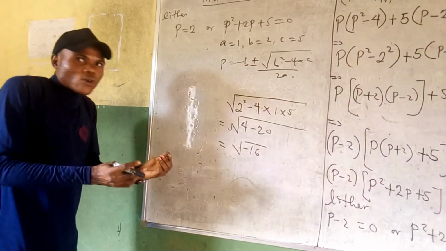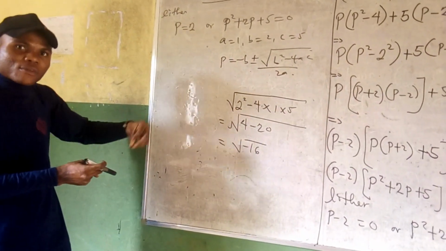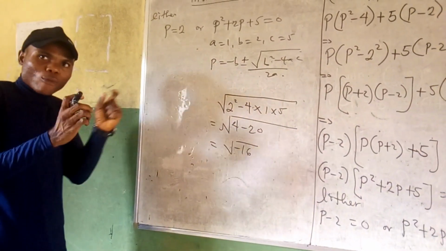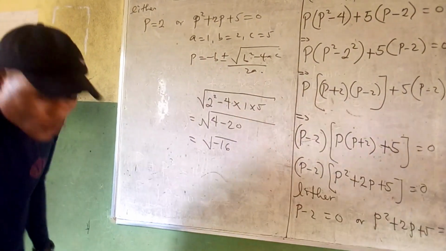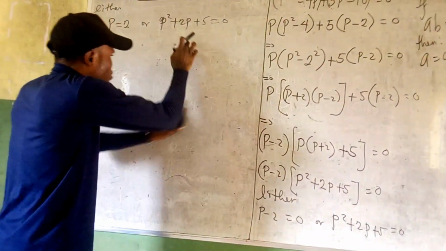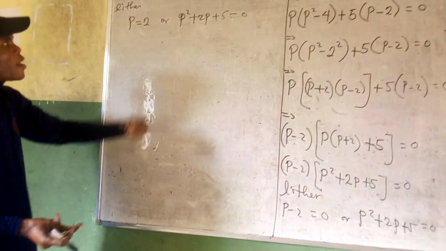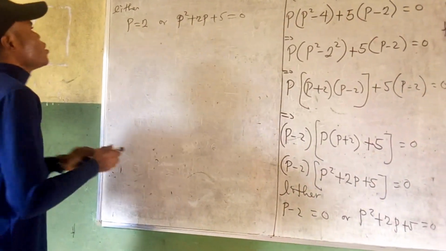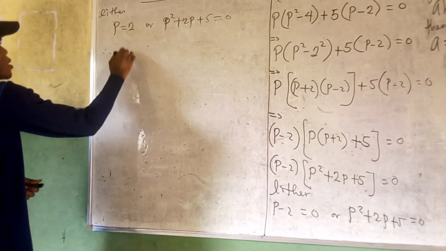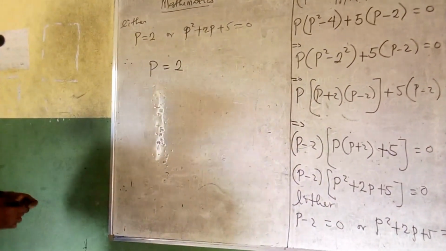So that does not satisfy the condition given to us in the problem, because the problem says that the value of x must be a real number. So it means we have nothing to do with this equation, since this equation will not provide a real value of p. So we are going with only p equals 2 as our only value.